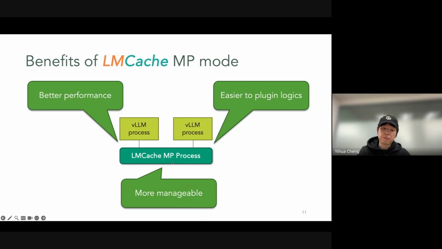And it becomes more manageable, because right now you're managing the KV cache as a totally separate service in your system, totally decoupled from the serving engines. I will explain those three points in detail when talking about the features.